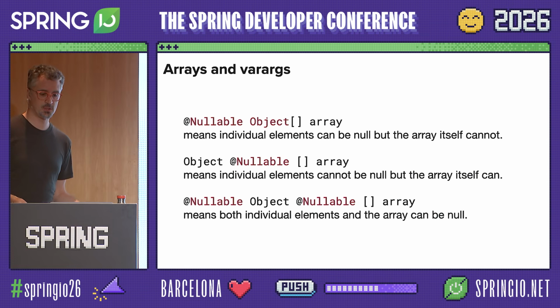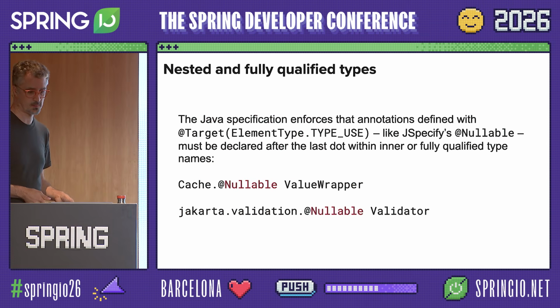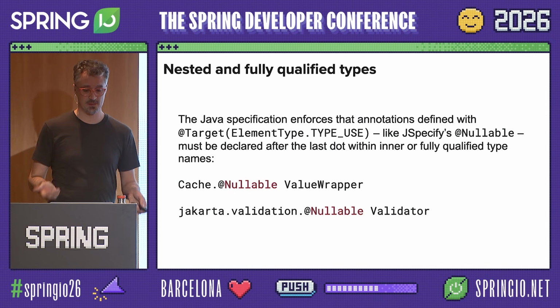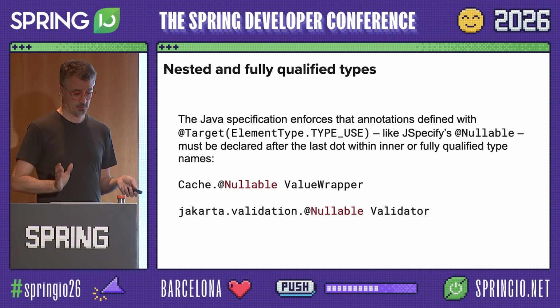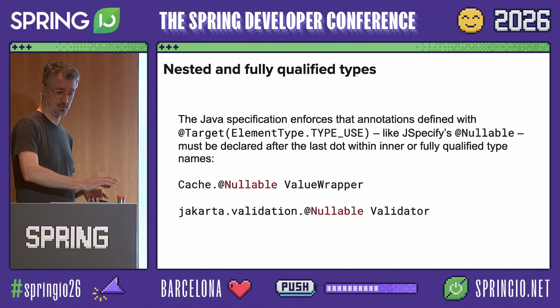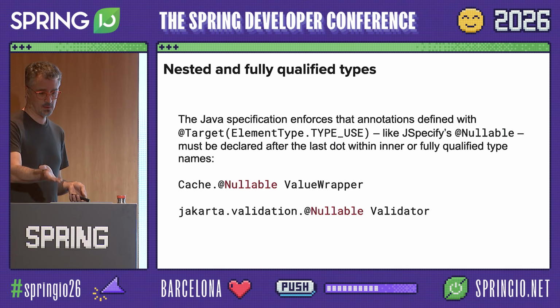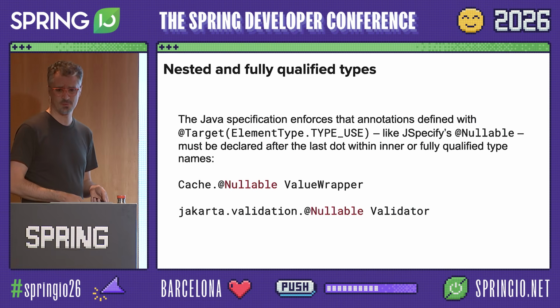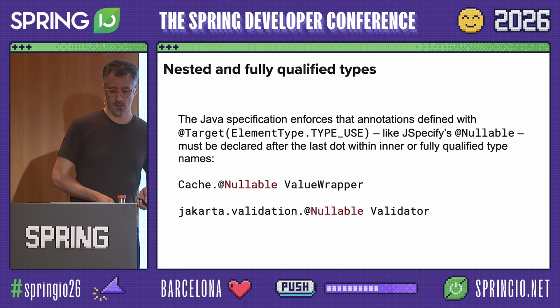Could be a bit weird initially, but there is more weird. There is that. This is not JSpecify's fault. This is a Java specification for annotations that are only targeting type use. I think it's supported since Java 8, so pretty old, but hardly used.